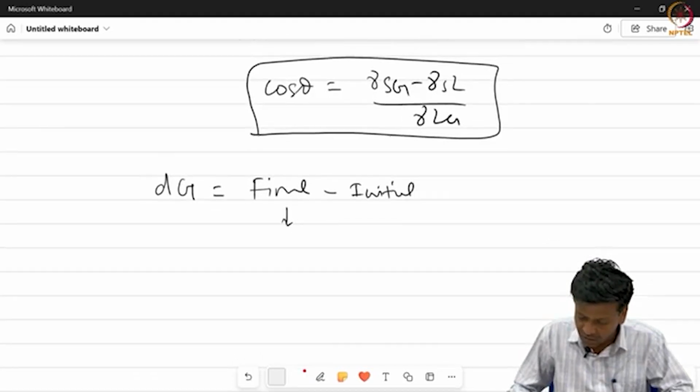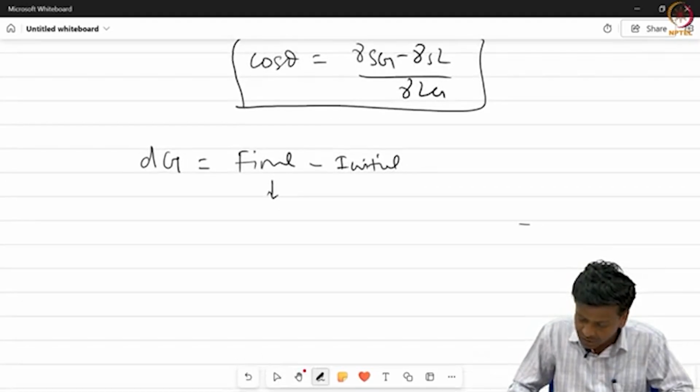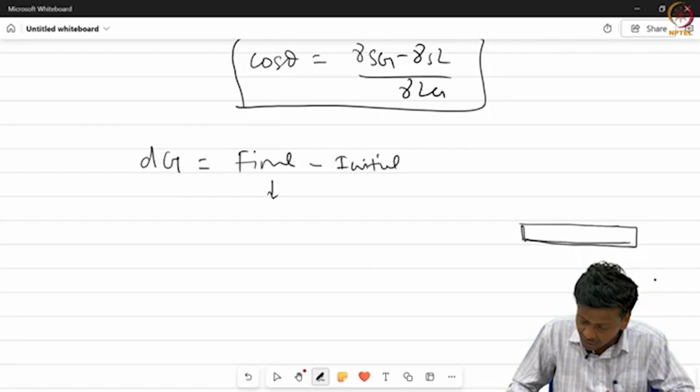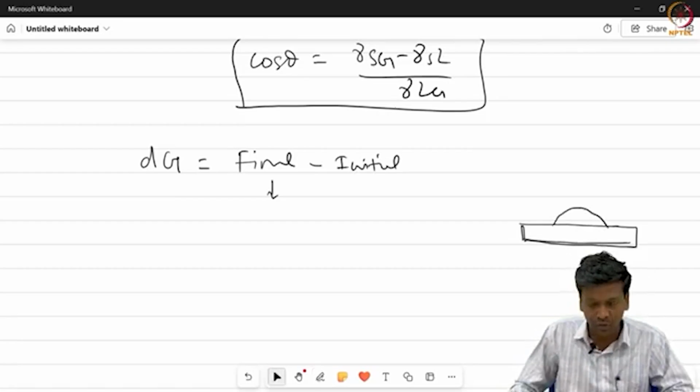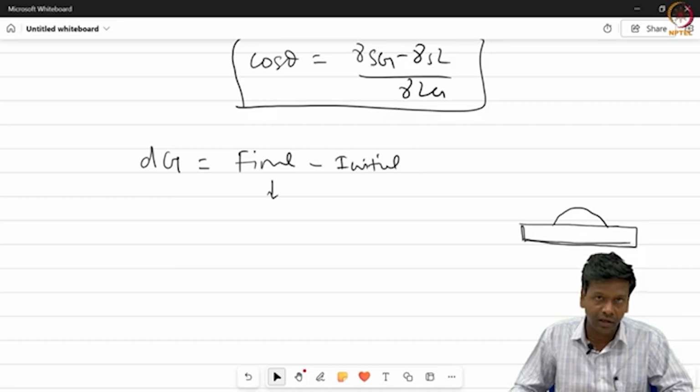So what we can try to show is, let's say initially we have a droplet. When you place the droplet on the surface at time t equal to 0, after it reaches the contact point, it will try to spread, and it will spread until it reaches equilibrium.